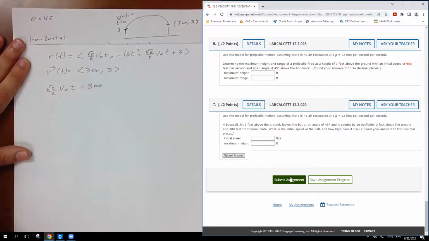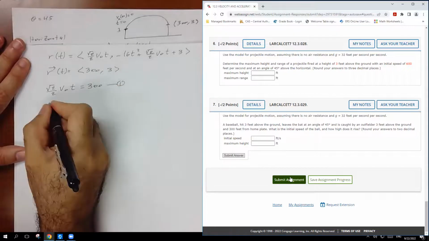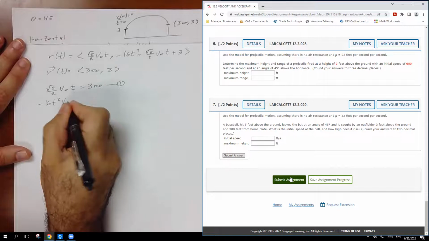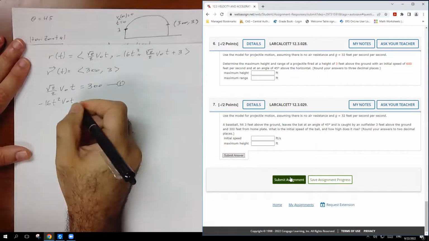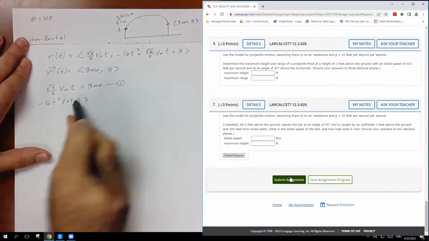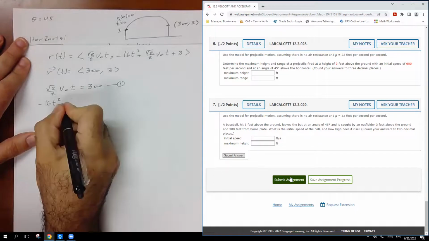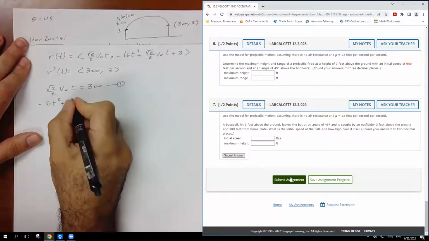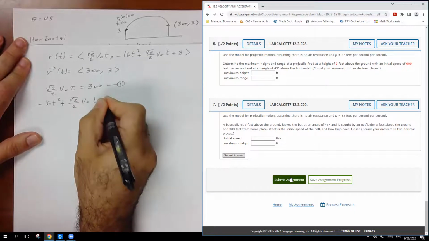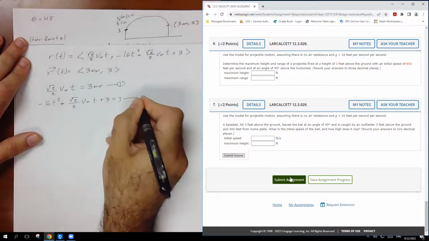The first one. The second one, I'm going to say negative 16t squared plus square root of 2 divided by 2 v naught t plus 3 equal to 3. This is the second one.